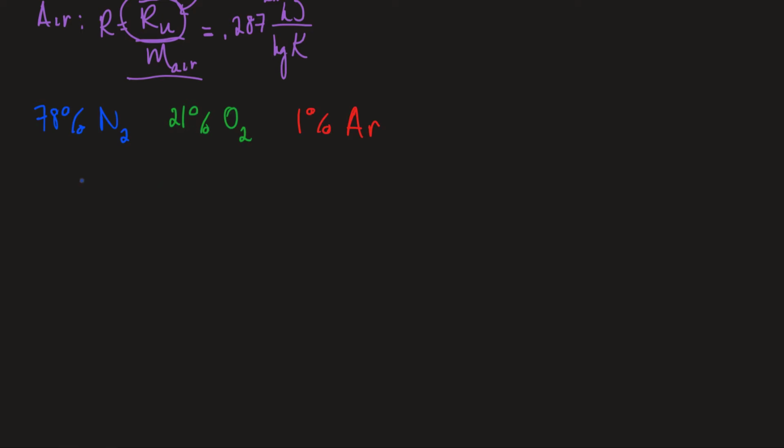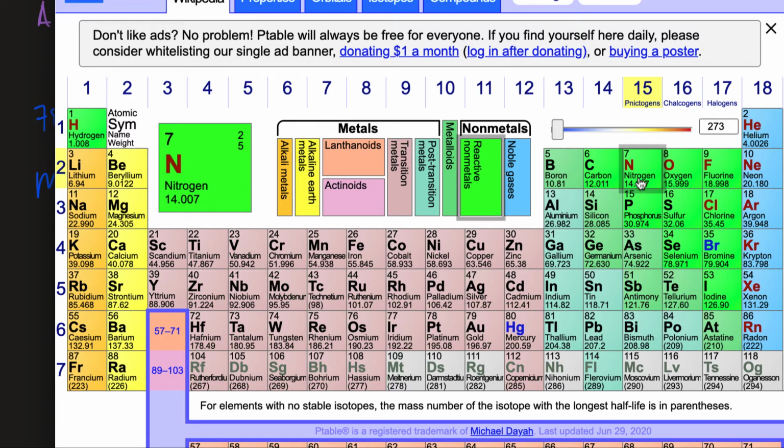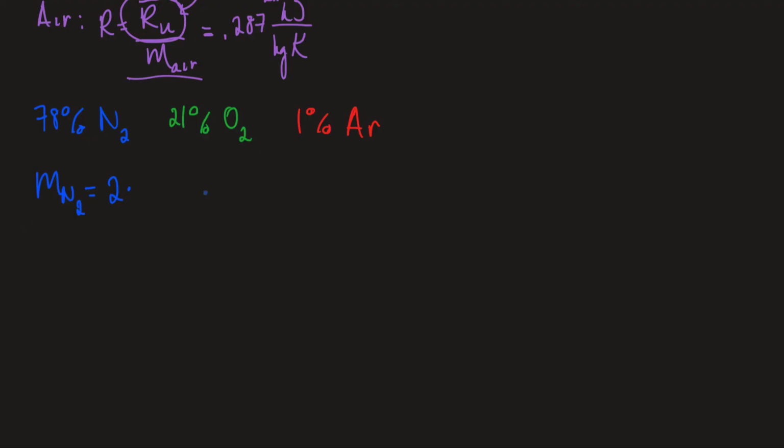So we'll look at the molar mass of nitrogen gas first. This is equal to 2 times the molar mass of a single nitrogen. Nitrogen is 14.007 grams per mole, so 2 times 14.007 grams per mole gives us 28.014 grams per mole.